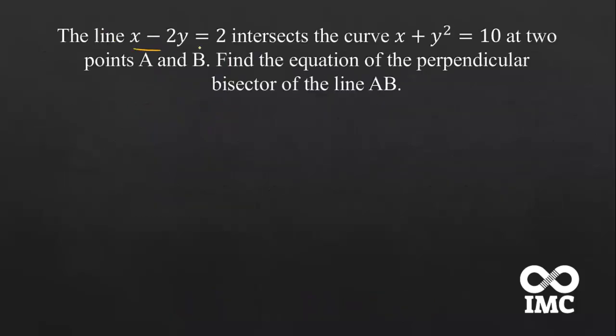Here the line x minus 2y equals 2 intersects the curve x plus y squared equals 10. At first, if we substitute the value of x from this equation into the other, then we can easily solve for x and y, and find the points A and B. From the first equation, we can write x equals 2 plus 2y.